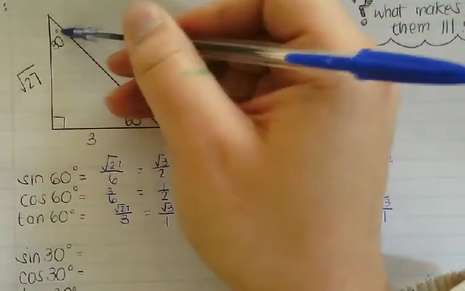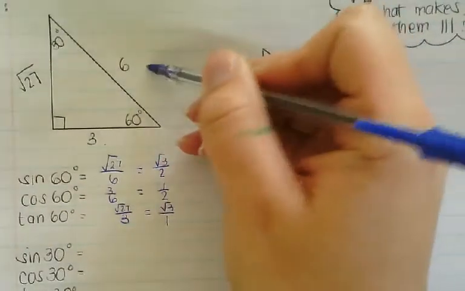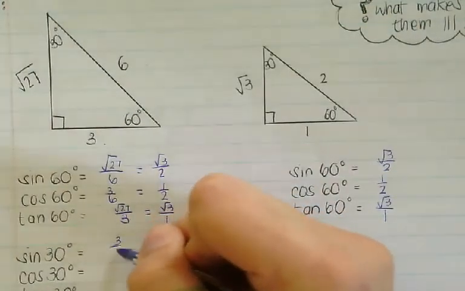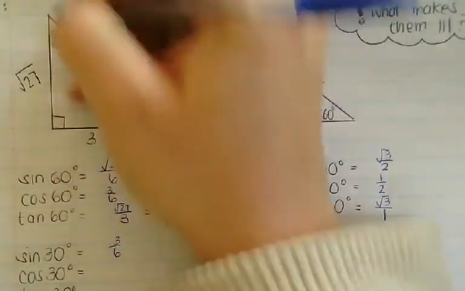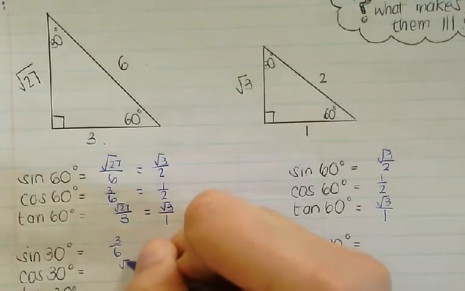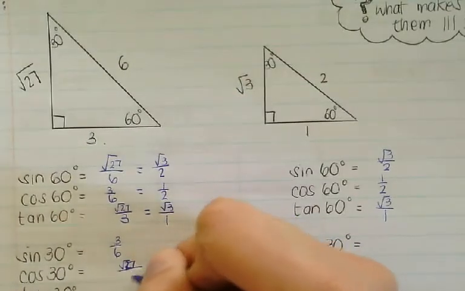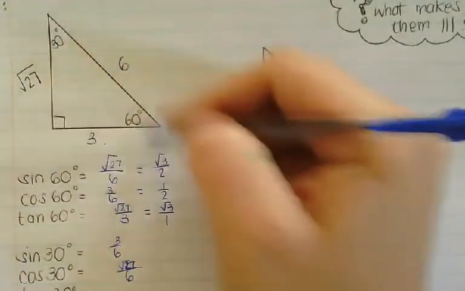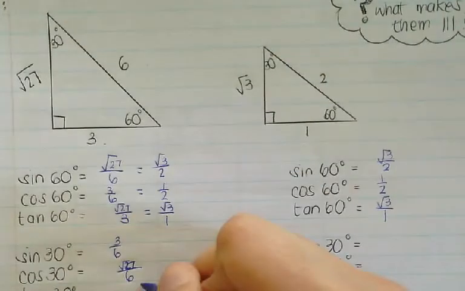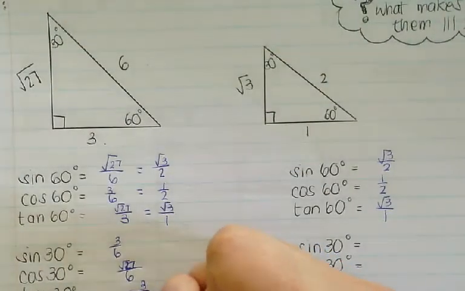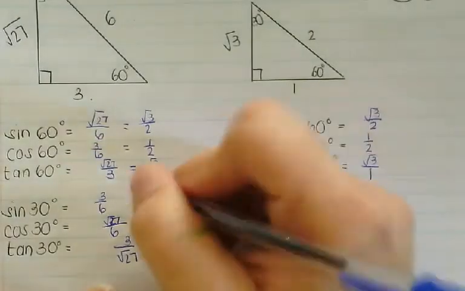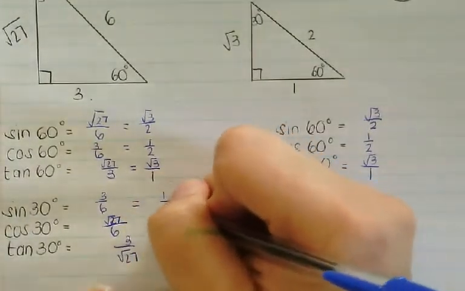Let's check 30. Now, here's my 30. There's my opposite. There's my hypotenuse. There's my adjacent. There's my hypotenuse. And there's my opposite, and there's my adjacent. Simplifying, 1 over 2.